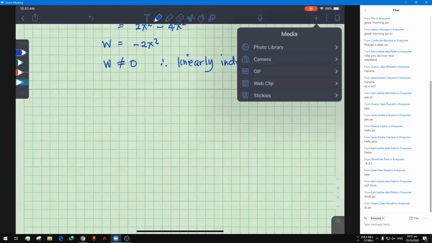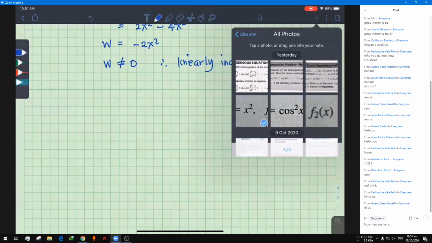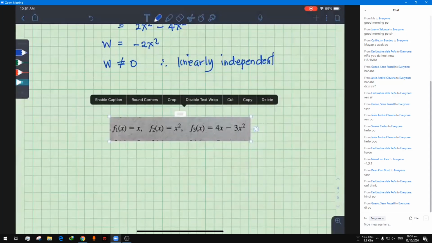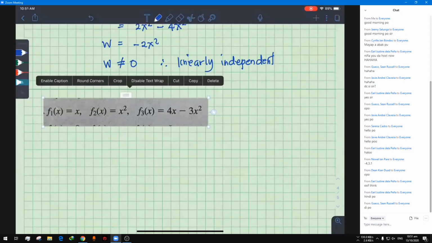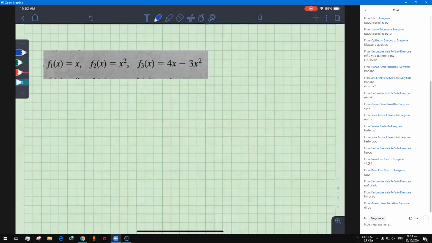Yung kanina kasi, nag-solve tayo ng, i-add ko ulit. Kaya lang this time, we're going to use Wronskian. So ang sagot natin kanina dito, this is linearly dependent, di ba? So therefore, ang Wronskian natin dito, that should be equal to 0. So how do we do this?